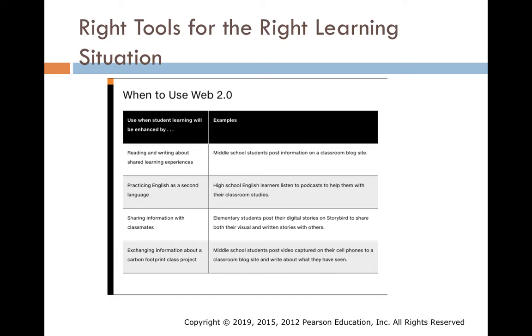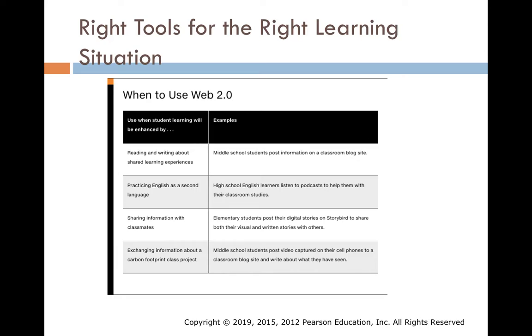It's that we use these tools because they enhance the learning. And what it means to enhance the learning is that if we did not have that tool, the learning environment, the learning situation would be different. And oftentimes that difference means that it would not be as quality of an experience or an environment.